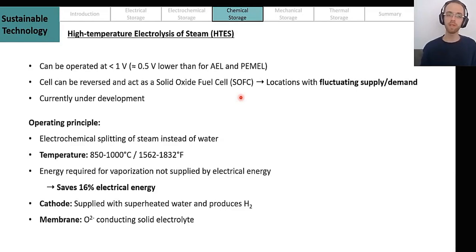The operating principle of such a cell is also the electrochemical splitting of water, but of a different aggregate state. Here we electrochemically split steam instead of liquid water.